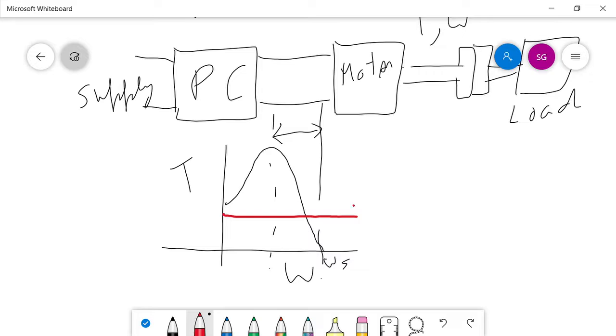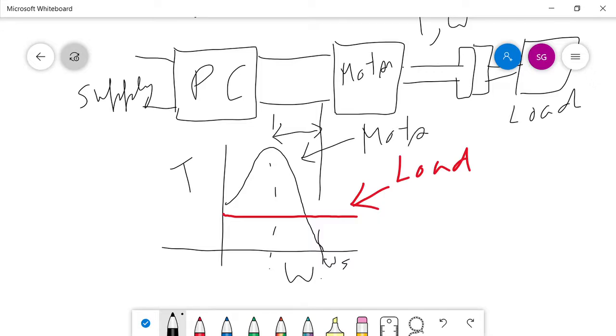This is the load characteristic, this is the load, and this is the motor. Now just see, we have got one operating point here. At this point A, the torque supplied by the motor is equal to the load torque at a particular speed.